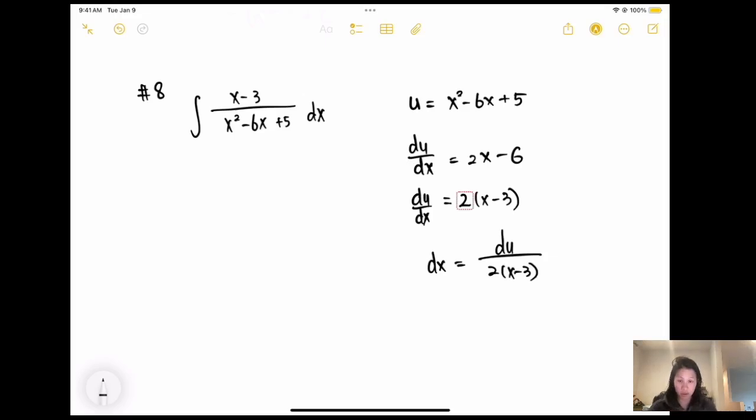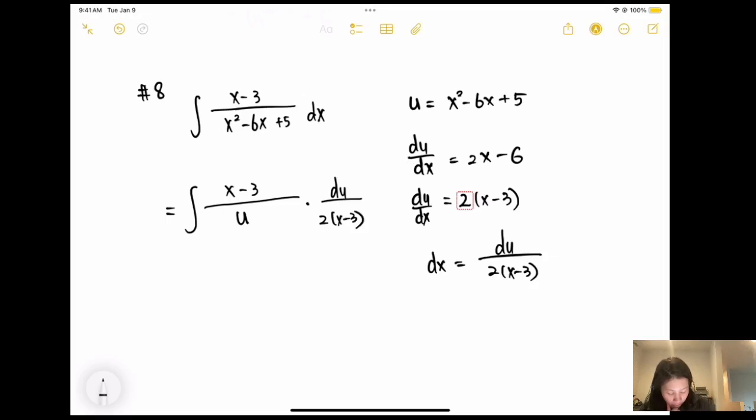Now we can substitute back into the integral. I have the integral of 3(x minus 3) over u dx, where dx is equal to du over 2 times (x minus 3). So now the x minus 3 will cancel.